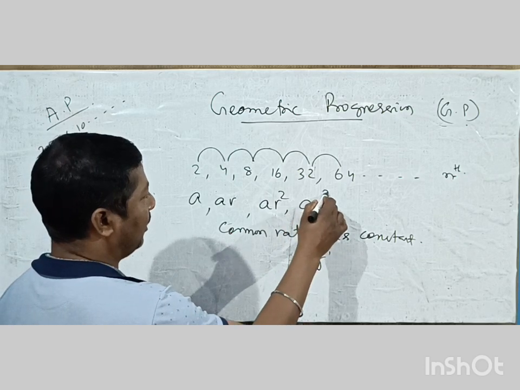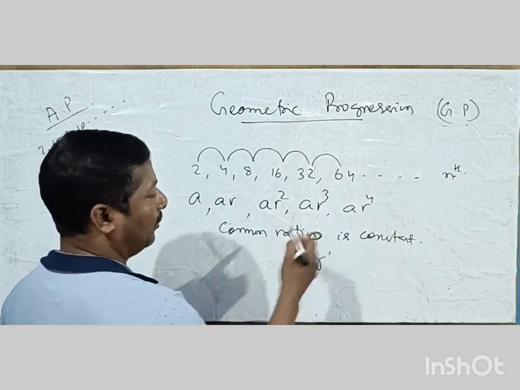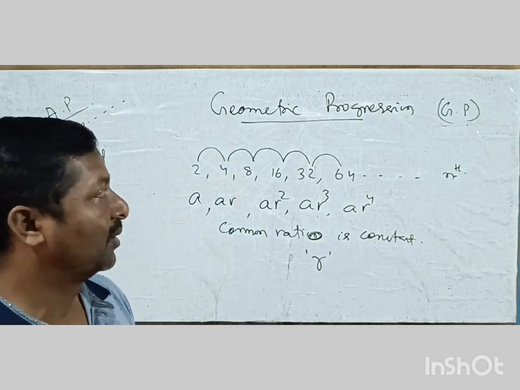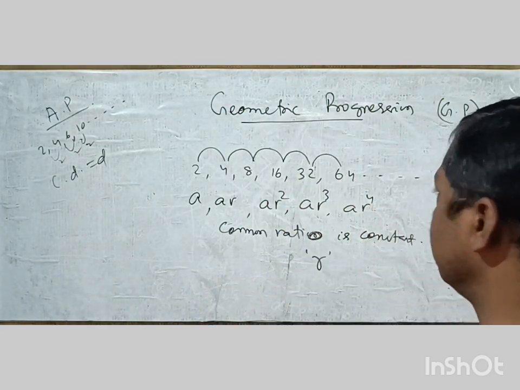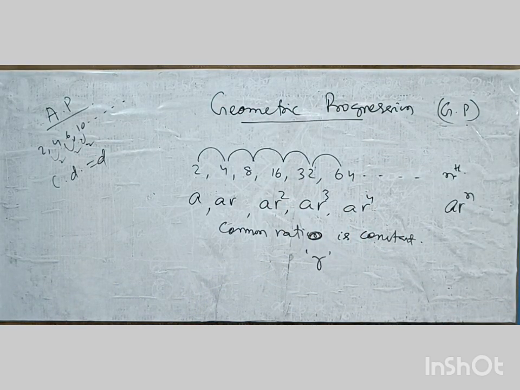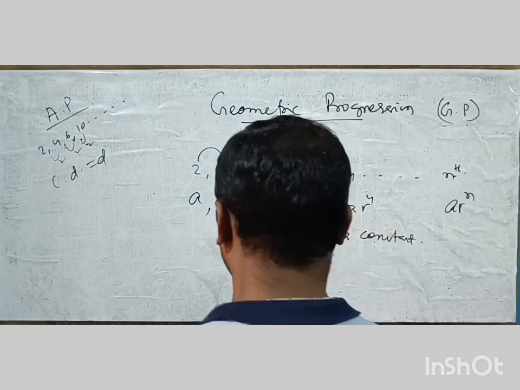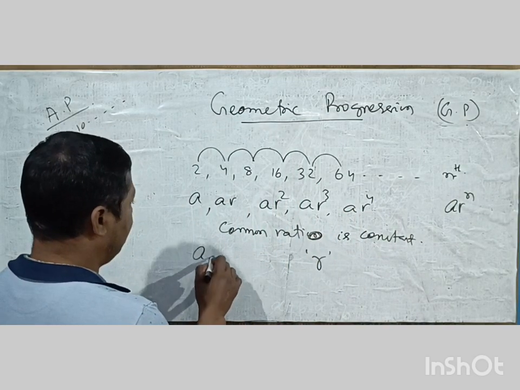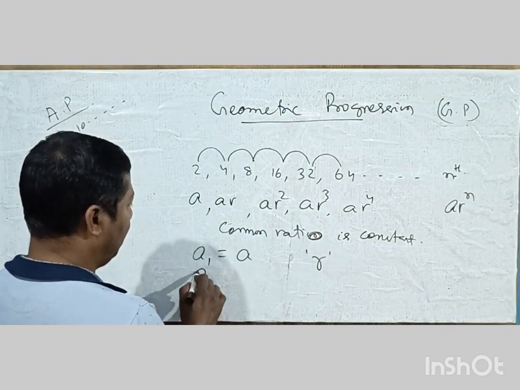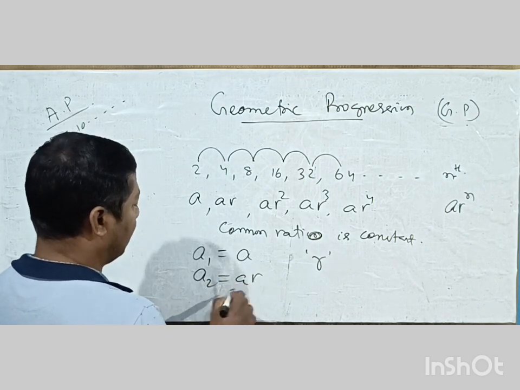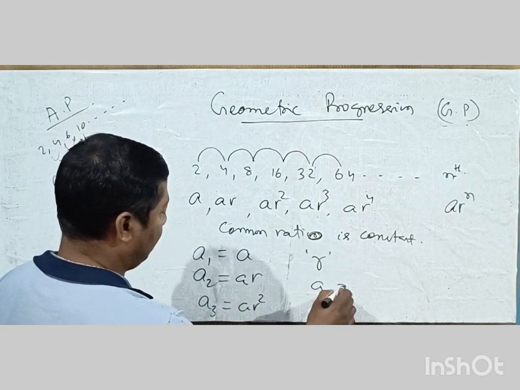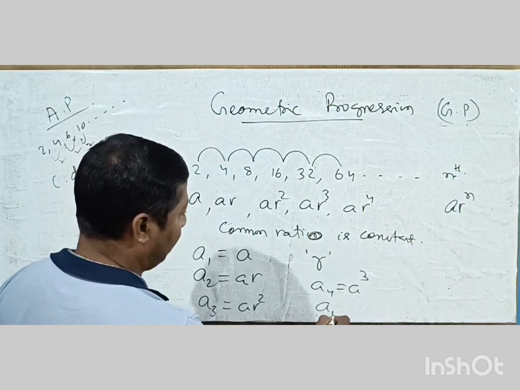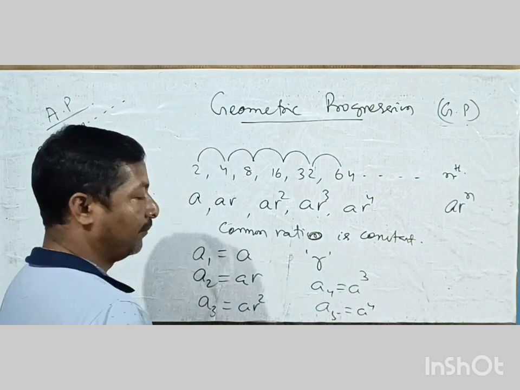Next term will be AR cube, AR4, like this. The last term will be ARN. So the first term A1 is A, A2 is AR, A3 is AR square, A4 is AR cube, A5 is AR4.